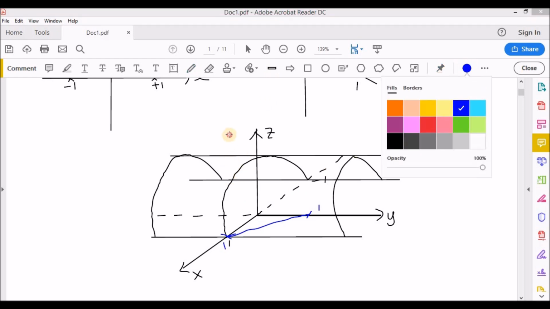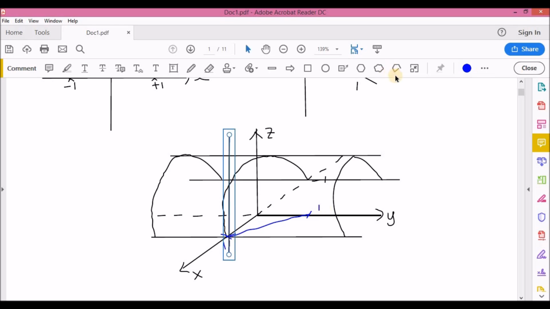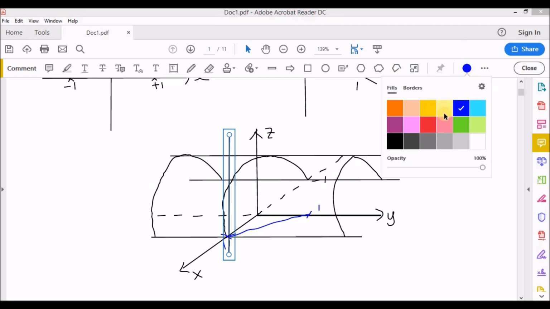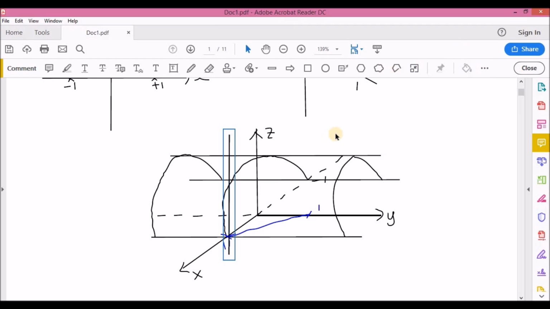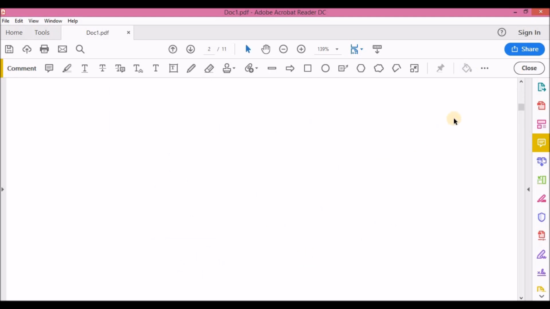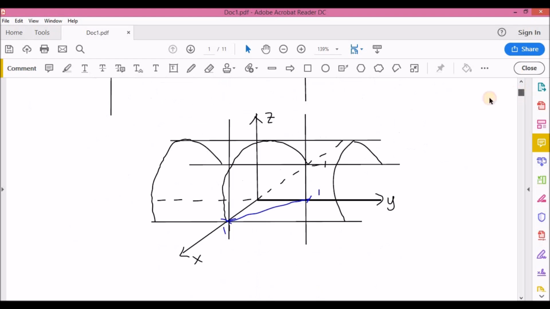So using this one, a straight line. The blue colors. Okay, no blue colors. Never mind, to represent the plane. Then we draw again.